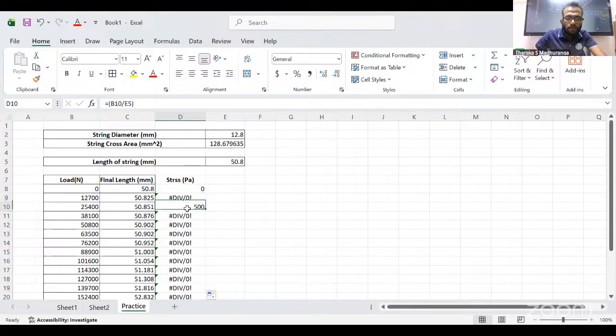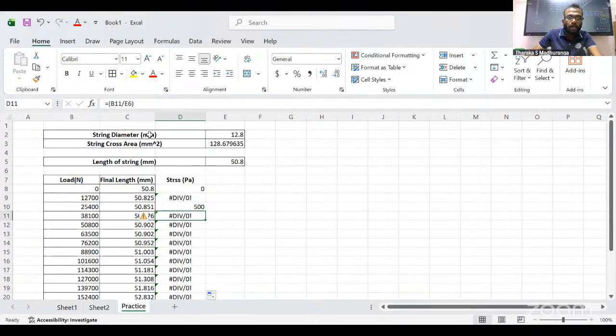If you go further, this function does have a value. What is the reason? Look at this, clearly understand. B10 is correct, load divided by E5. E5 is length, no? It is not the stress, no? Okay, what happened?